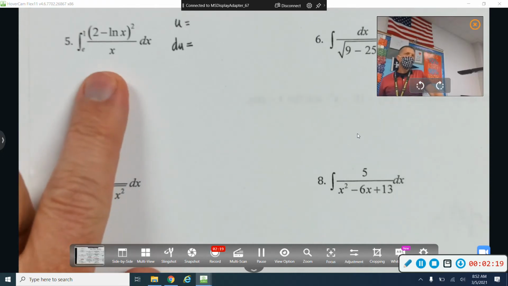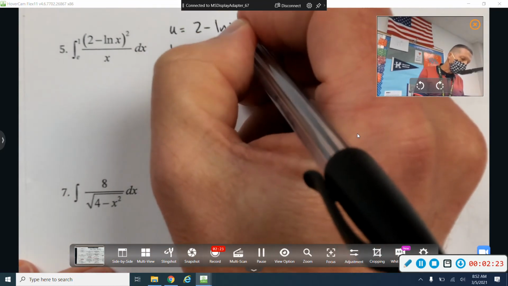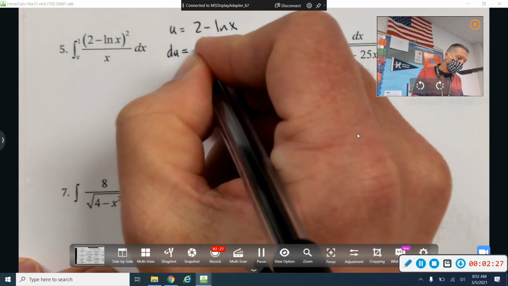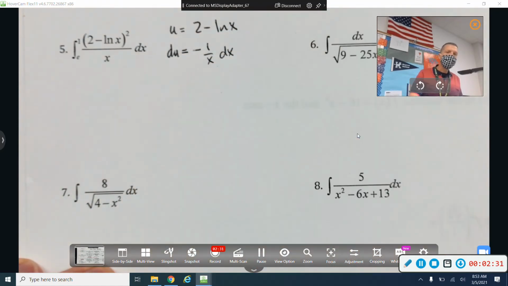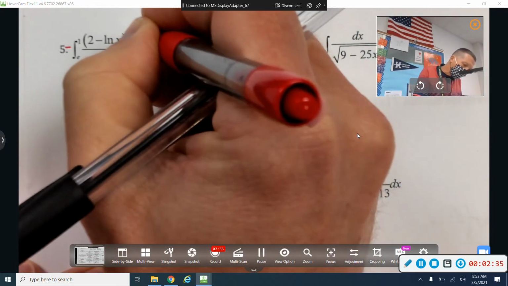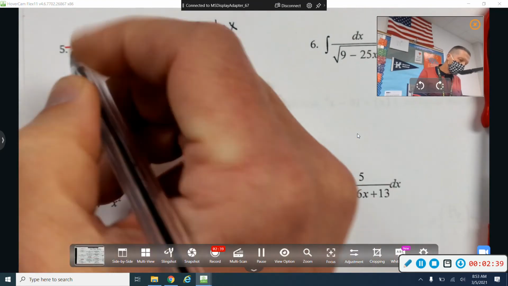And we have a 1 over x. So let's let u be 2 minus natural log of x, because the derivative then would be negative 1 over x dx. So if we put a negative on there, then we've got du.